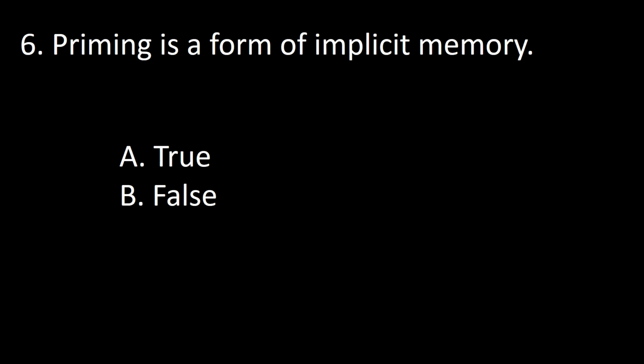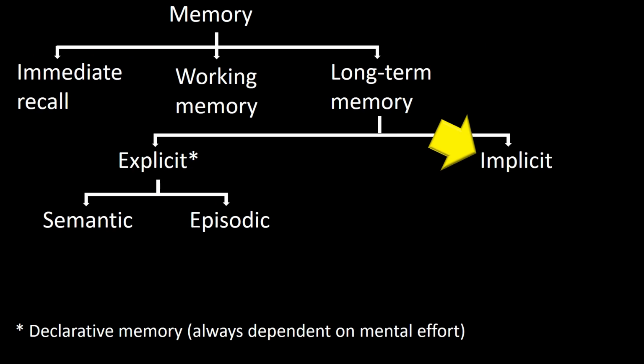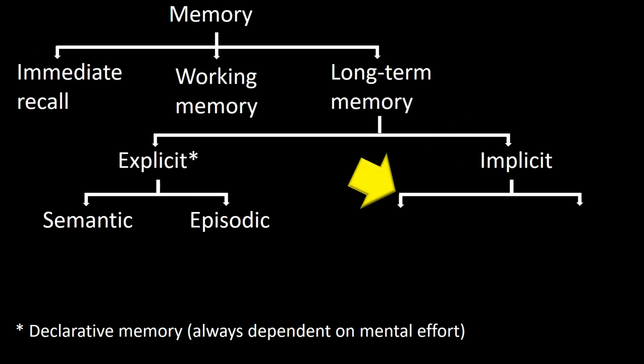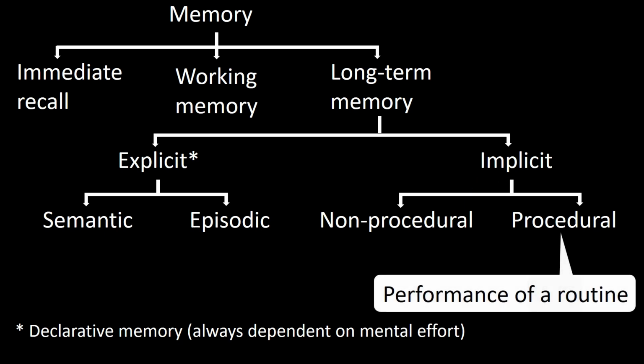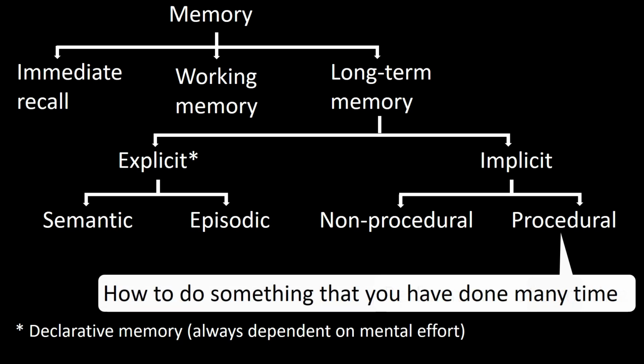Next question. Priming is a form of implicit memory. Implicit memory can be divided into non-procedural and procedural. Procedural memory implies memory of routine activities, memories of how to do things that have been done many times for many years.